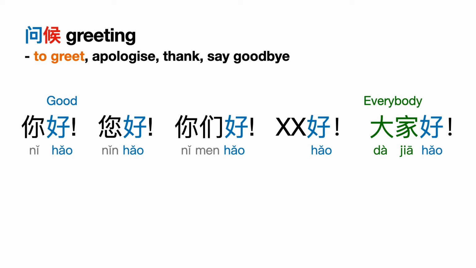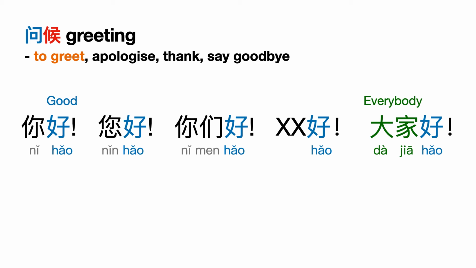And what about if you want to say hello to a group of people and you just want to address them as everybody? Then you say 大家好. 大家 in this case means everybody. 大 means big, 家 means family, it's like a big family. Hello everybody. 大家好.